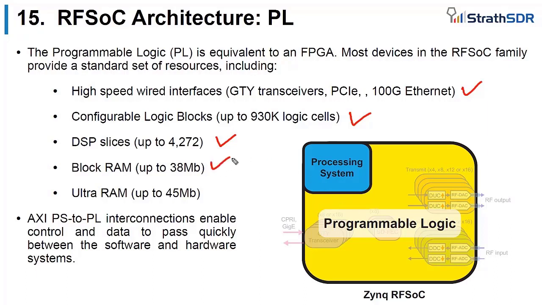And we've got block RAM and UltraRAM, places to store intermediate data as we do the processing. There are also efficient ways of connecting the processing system to the programmable logic so that data can be passed efficiently between both.